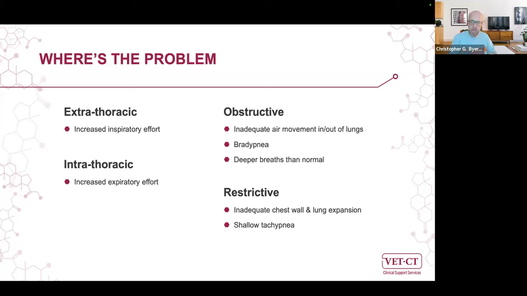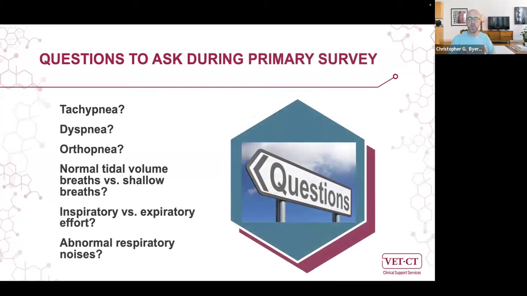So to exchange the same amount of oxygen and carbon dioxide, because those lungs can't fully inflate or expand, the patient has to breathe much faster, but the tidal volumes are markedly reduced. They're shallow breaths.